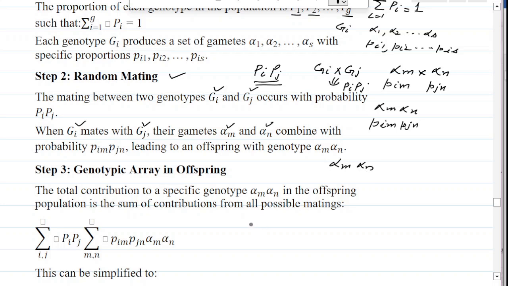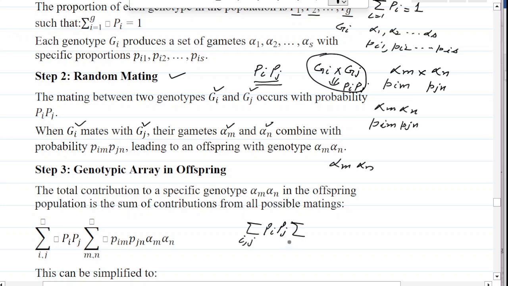And this will be given by the expression: the sum over i, j of Pi Pj, the contribution of this mating Gi Gj, and the sum over m and n, since the gametic array of Gi has m gametes and Gj has n gametes.